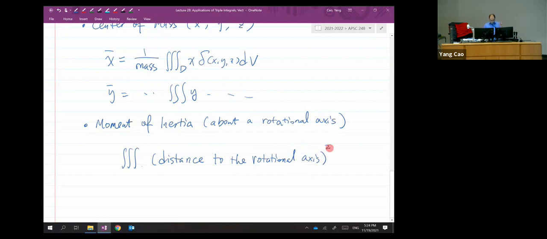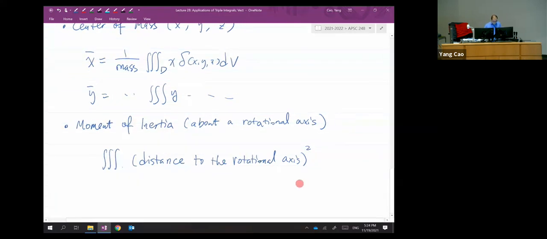So this is the distance from that point to a certain rotational axis. Then you multiply by the small mass associated at the location. So the small mass is given by density times a small volume at the location.